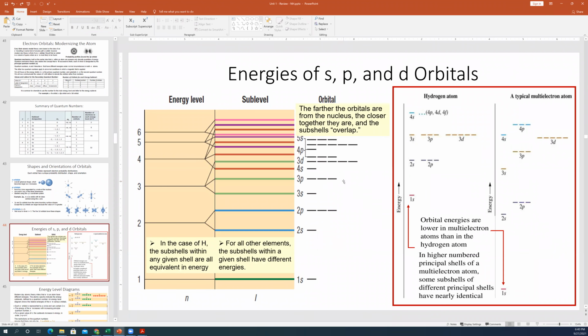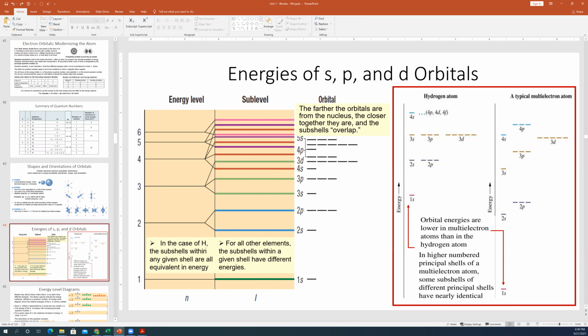All right, so these energy level diagrams, here I just wanted to show you how they look for hydrogen or for other elements. In this side of the panel, I'm showing the case for hydrogen. And in this panel, I'm showing the case for other elements with many more electrons that can occupy many more different shells and sublevels.